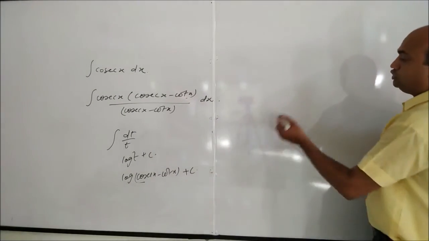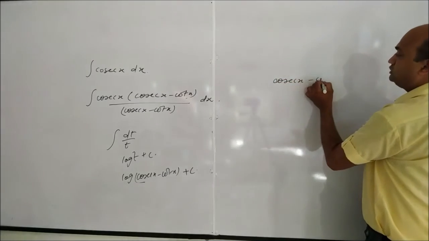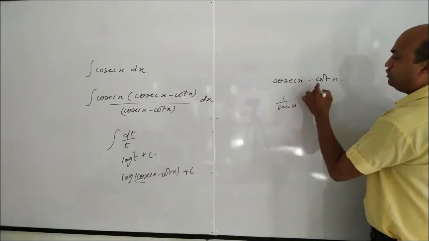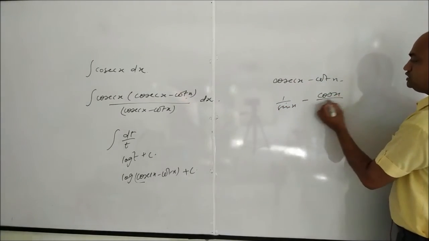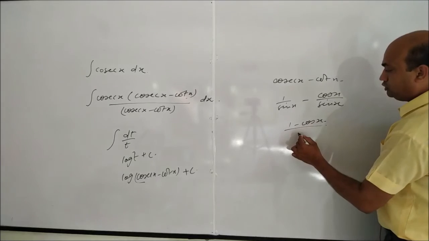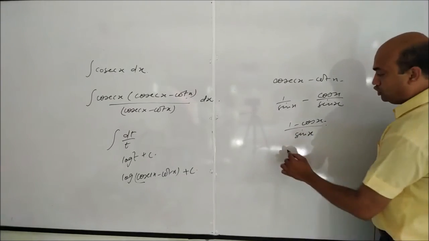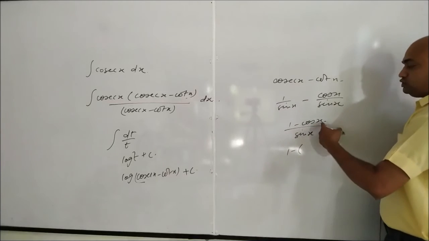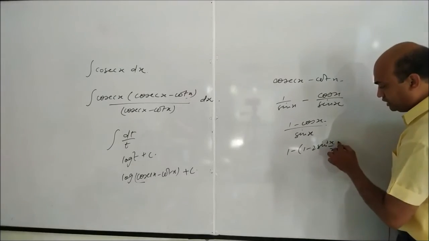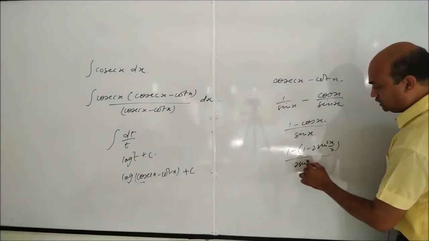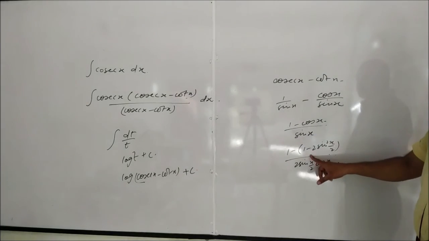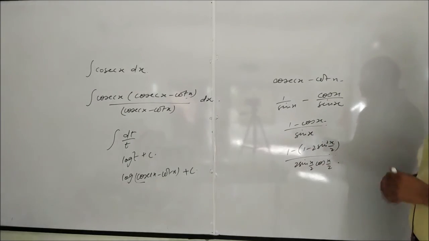Now you see this cosec x minus cot x can be written as, this cosec x we write 1 upon sin x minus this cot x we write cos x upon sin x. We take LCM. It is 1 minus cos x upon sin x. 1 minus, this cos x we write 1 minus 2 sin square x by 2, and this sin x we write 2 sin x by 2 cos x by 2.